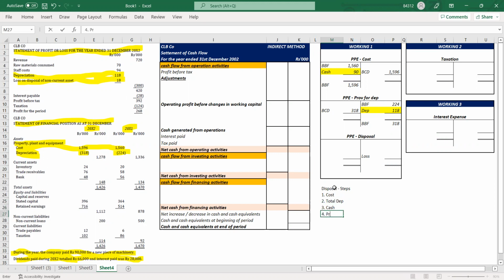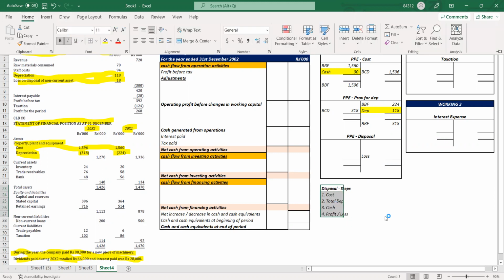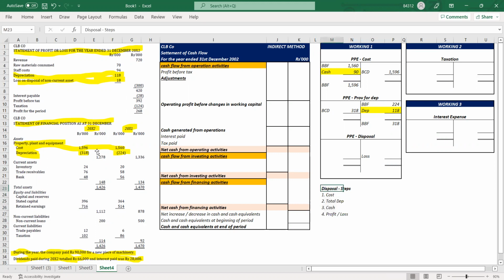Number 4, the profit or loss. We need to look into these 4 steps, right? In this question, most of the values are given. Sometimes if they don't give, we have to follow all these things, right?